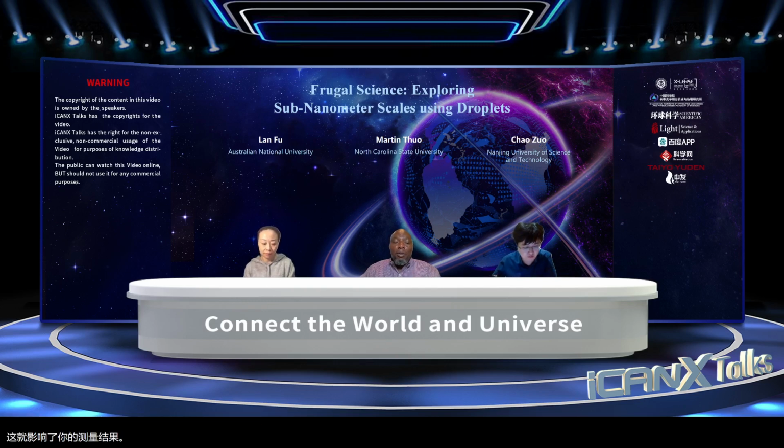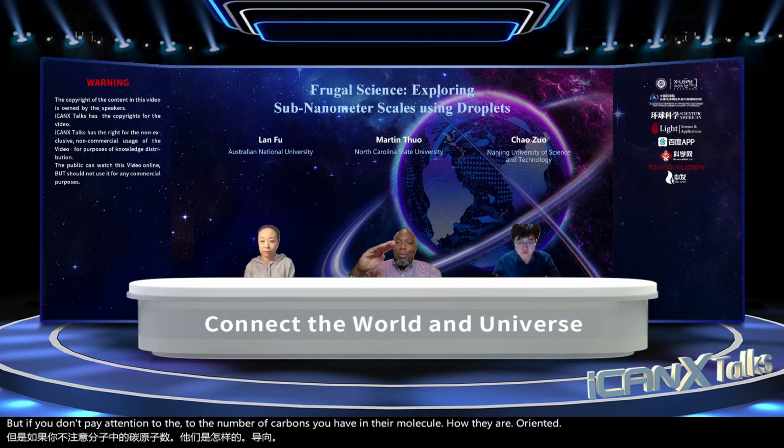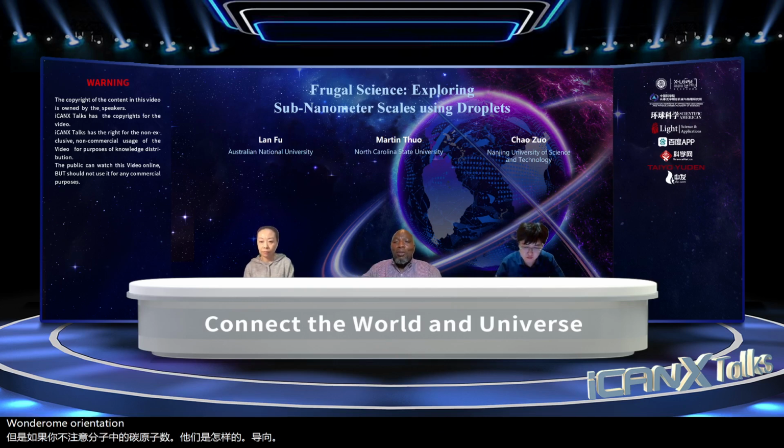If you go back and look at the work that is being done on charge transport, people are starting to think, hey, I can also put a photochromic, photoactive molecule, and I can use light to excite this and reveal a completely different behavior. But if you don't pay attention to the number of carbons you have in that molecule and how they are oriented, that simple 1 nanometer orientation can make all the difference in your behavior.